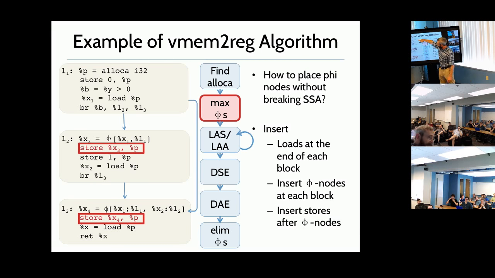So we start with this p being allocated. We add a load. We use the phi node as the renaming of the value of p, because now we can use x1 instead of this load. And then we restore the fact that p is connected to x by using the phi node information in a store.